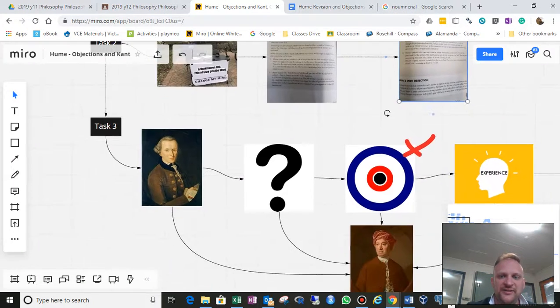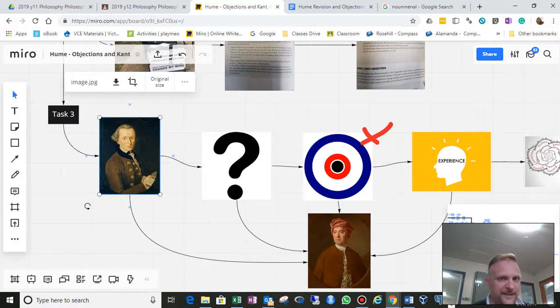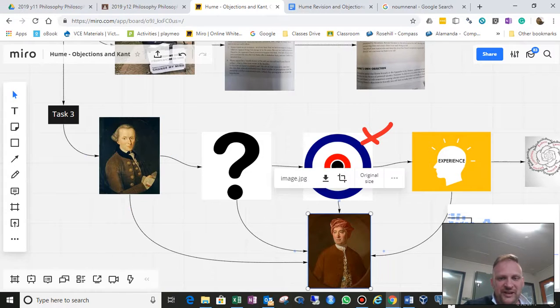Okay, now's the time where we need to take notes, because this is really important. I want to explore Kant's claim that there is a transcendental subject, which implies that there is a transcendental self, okay? Now, if we remember, Hume was an absolute empiricist. He believed that sense data was the only thing you could know for certain, which kind of implied that something needed to be sensed to be known.